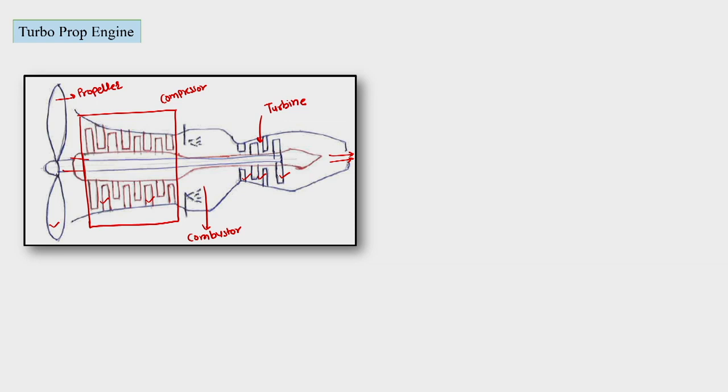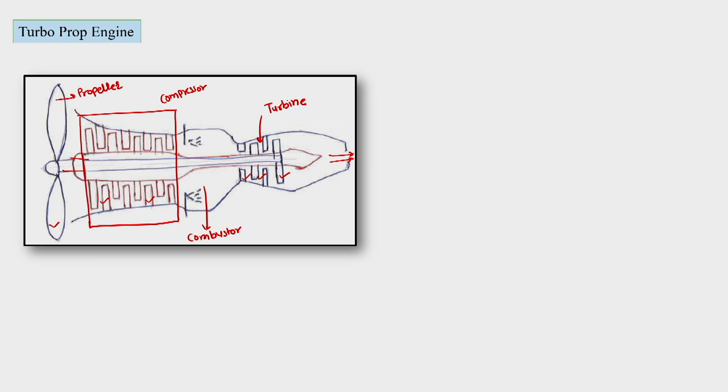The problem at high speed applications is the propulsive efficiency of the aircraft, further the noise of the propeller becomes an issue and it needs to have a special design of the propeller. So turboprop engines are not generally used for high speed applications.